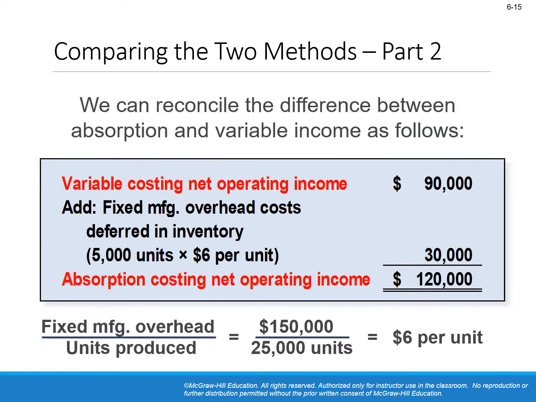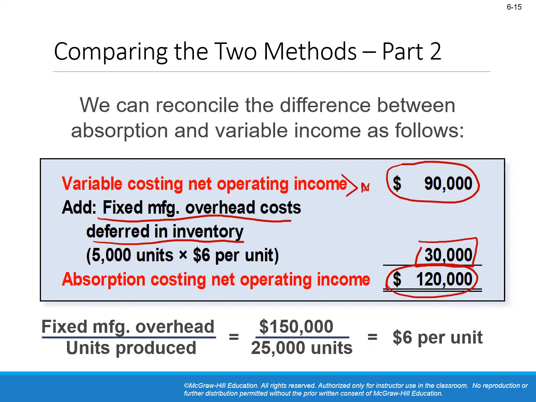So yeah, this is the absorption net operating income, the 120,000, and this is the variable net operating income, and the difference is the fixed manufacturing overhead cost, residing or deferred in ending inventory, the 30,000. Now, a logical question here is, is it possible for variable costing to have a net operating income that is greater than that of the absorption?